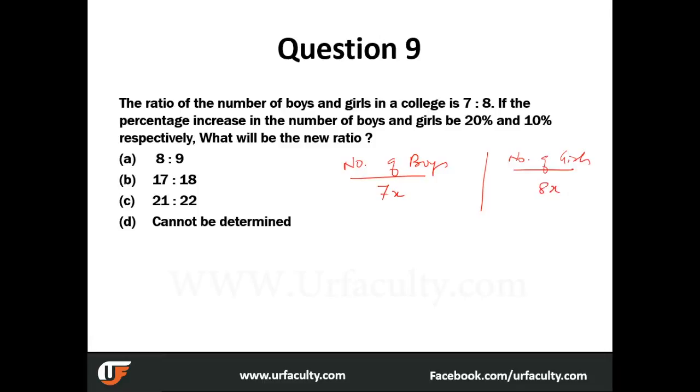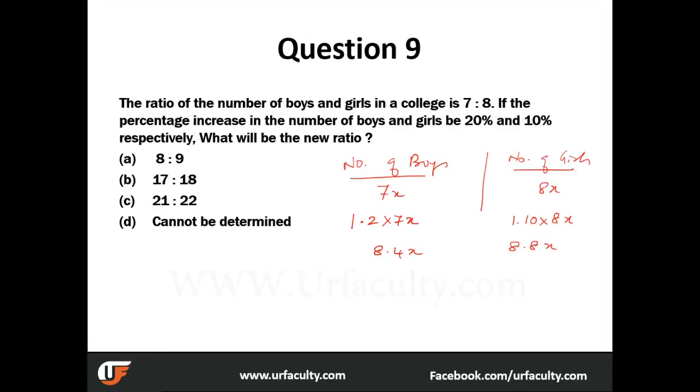And what are they saying? The number of boys is increased by 20%. If it is increased by 20%, we have to multiply it by 1.2 into 7x. And the girls are being increased by 10%, 1.10 into 8x. So what do we get? 12 sevens are 84, 8.4x, and this is 8.8x.